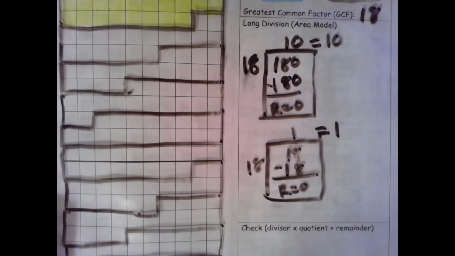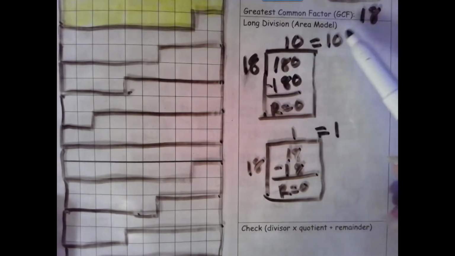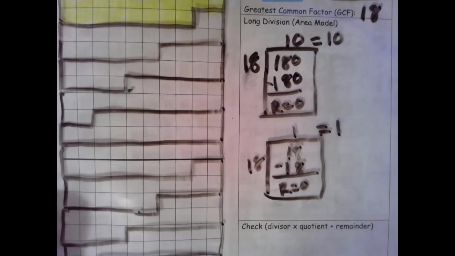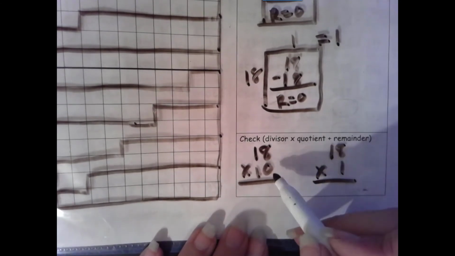So we still need to check, which is your divisor times your quotient plus your remainder. Divisor times quotient plus remainder. Since our remainder is 0, though, and the identity property of addition says it's going to stay the same, I don't need to actually add the 0 because it's going to stay the same. Here I'm multiplying 10, and every place is 10 times greater, so these are each going to move.